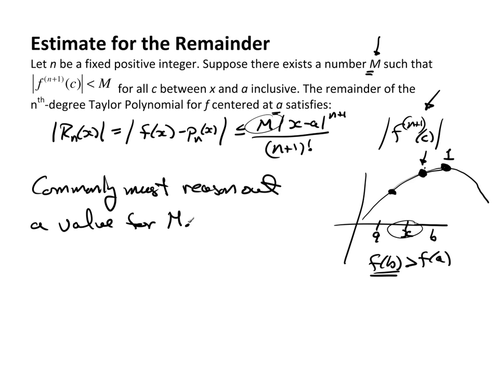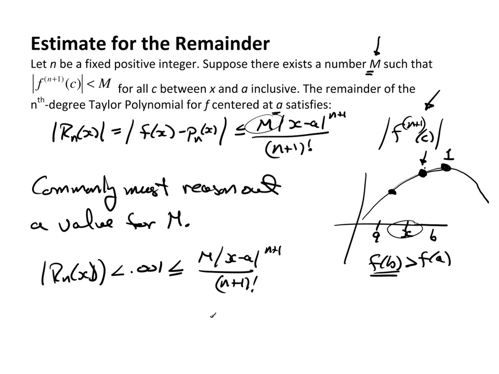So let's say, as an example, I want to make sure that the absolute value of what I'm thinking of as my error is no more than 0.001. That means 0.001 is no more than m times the absolute value of x minus a to the n plus 1, over n plus 1 factorial.